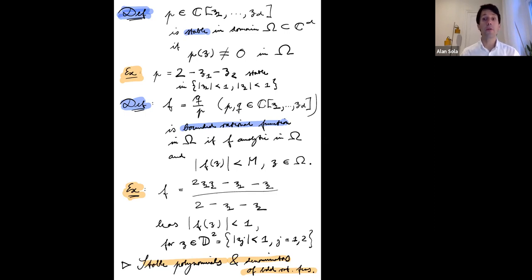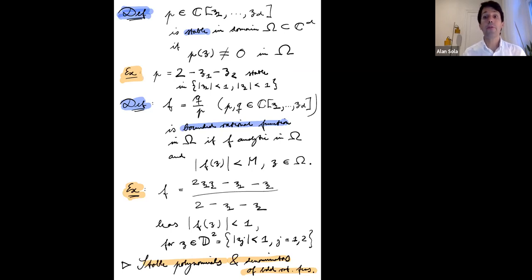An example of this type of function would be 2z1z2 minus z1 minus z2 divided by 2 minus z1 minus z2. You can check by hand that this function has modulus bounded by 1 in the bidisk, the set of points in C^2 where both coordinates have modulus at most 1.